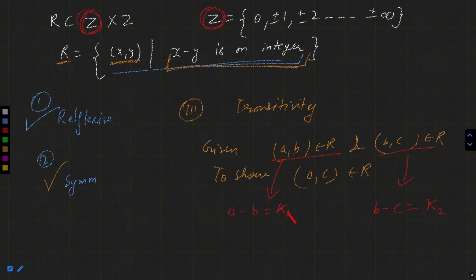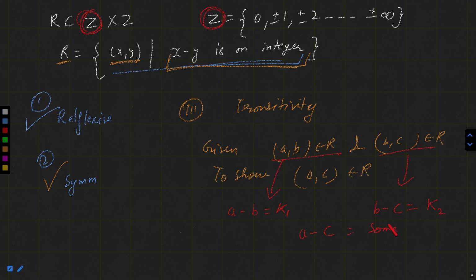Adding both equations, a minus b plus b minus c gives k1 plus k2. After some simplification, a minus c is equal to k1 plus k2. This is some integer, and this is another integer, or possibly the same.